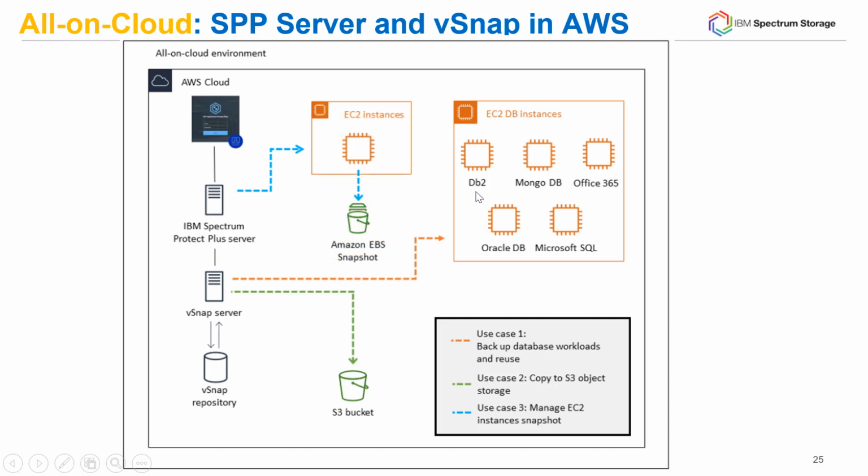All of our other backups of DB2 databases, Mongo databases, Office 365, Oracle databases, or Microsoft SQL will be protected by Spectrum Protect Plus, and the backups will be stored in the vSnap server with the option of copying those backups to an S3 bucket for longer term storage.